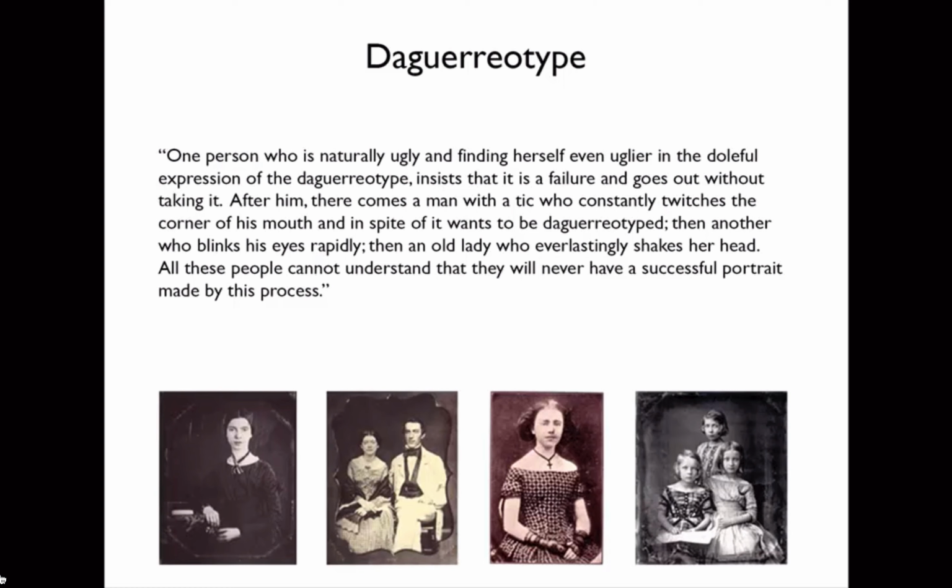Then another who blinks his eyes rapidly, then an old lady who everlastingly shakes her head. All these people cannot understand that they will never have a successful portrait made by this process." And again, it was a long exposure. You were required to be very still for the duration of that exposure, otherwise you would be blurred.